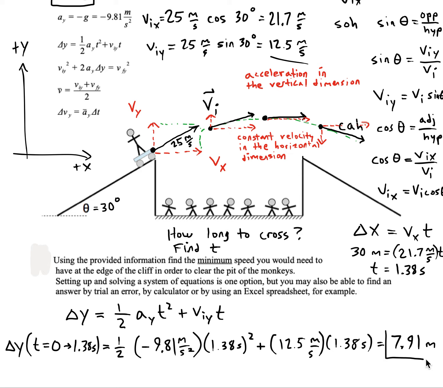That is a positive displacement in the y dimension, which gives me reason to believe that this person will make it across the pit, because they would be high above the ground, or high above the starting point at that time. They'd be 7.91 meters above.